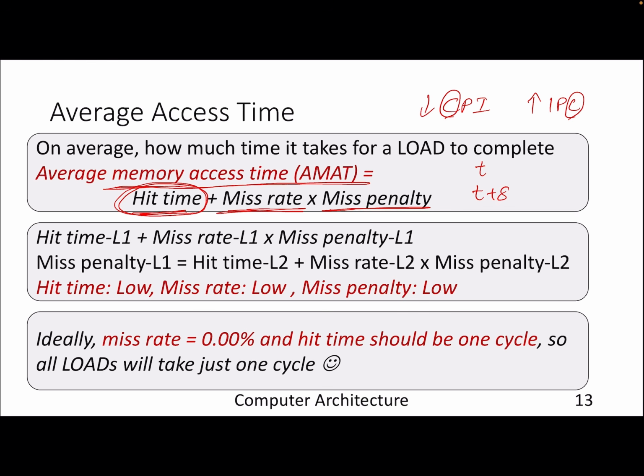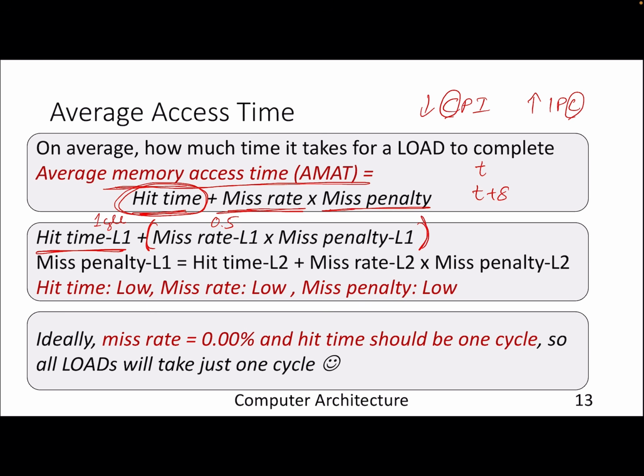So you can extrapolate it to a multi-level cache hierarchy. For example, if you have a 2-level cache hierarchy, you can say hit time of L1 cache plus miss rate of L1 times miss penalty of L1. So let's say hit time of L1 is 1 cycle. Miss rate of L1 is, let's say, 0.5, so 50% of the time it misses. Now the miss penalty of L1 is dependent on the next level of cache and memory, right?